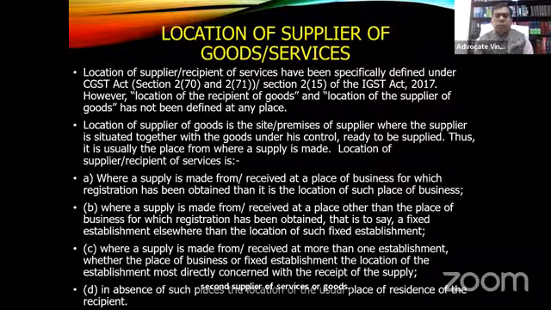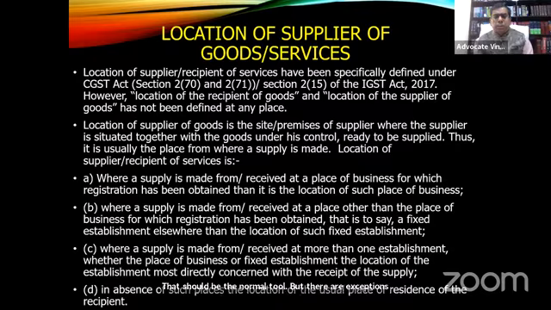Because obviously where the goods are located and a place from where the goods are supplied, it should be considered to be the place from where the supply is made. That should be the normal rule, but there are exceptions to it, which we will discuss subsequently.